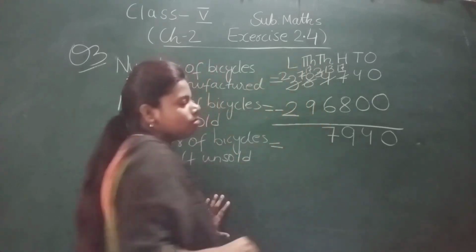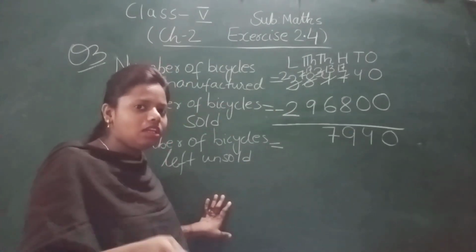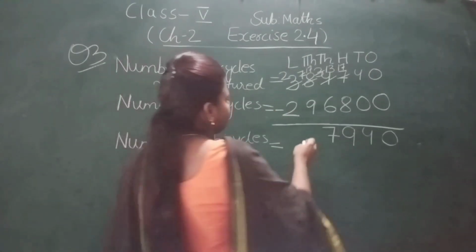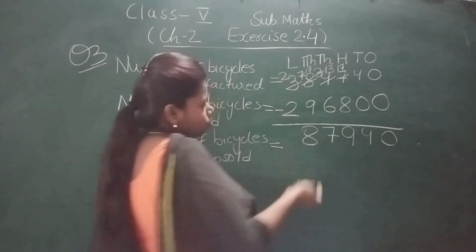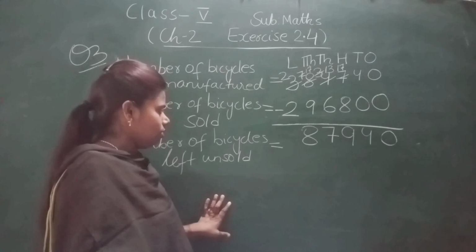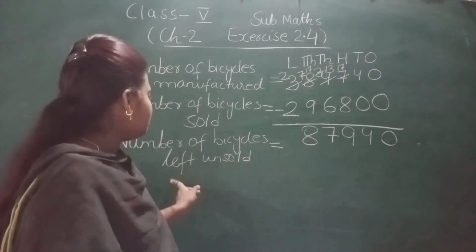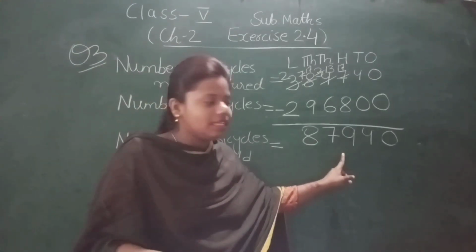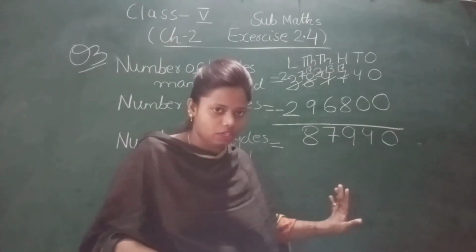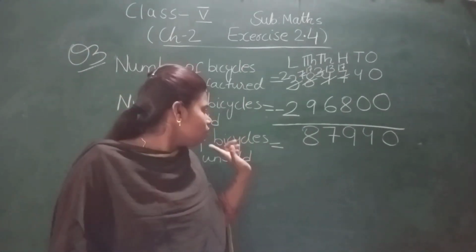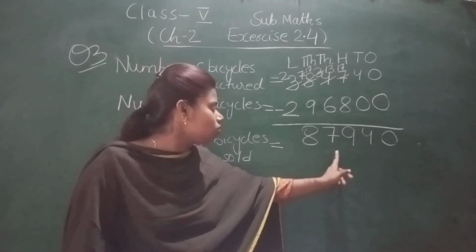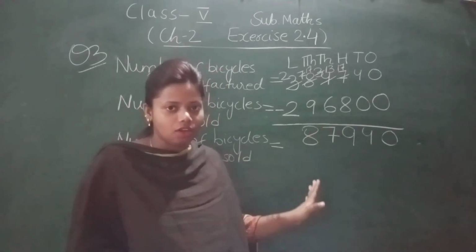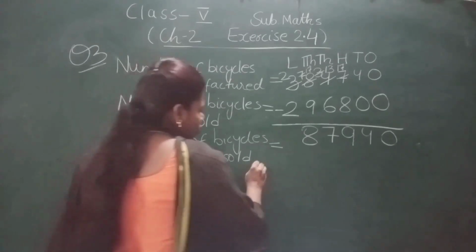Now from 17 we can subtract 9. 17 minus 9 is 8. And now see here, this is 2, this is 2. So 2 minus 2 is 0. No need to write. So the number of bicycles left unsold is 87,940.